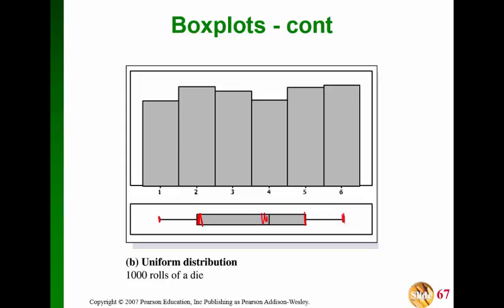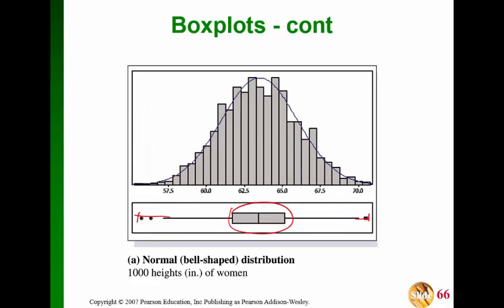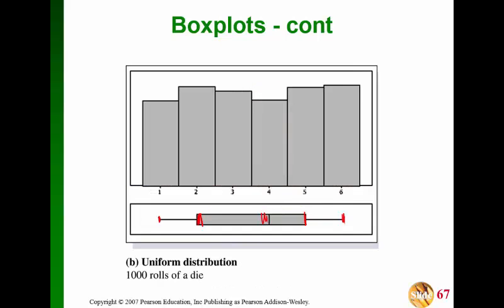So there's a little bit of a difference between a normal distribution, where the bulk of the data happens between Q1 and Q3, and then all these other pieces of data go farther away, versus something that's more uniform, where it doesn't look even, but in the big picture of things, it's fairly even.